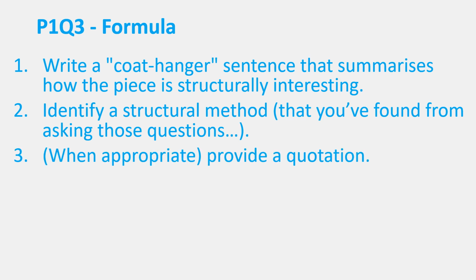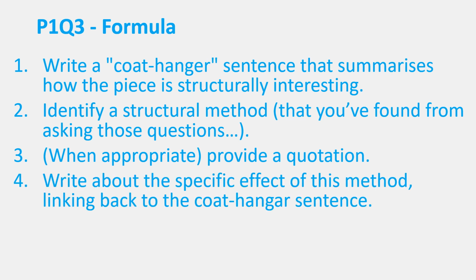If you can, you try and quote. You try and pick out the bit of the extract using a very short embedded quote which highlights the bit that you're talking about. Sometimes, of course, when it comes to structural methods, there won't necessarily be a quote. You might just talk about the ending. But if you can pull out the word or the phrase that indicates when something's happening, that's a good thing to do.